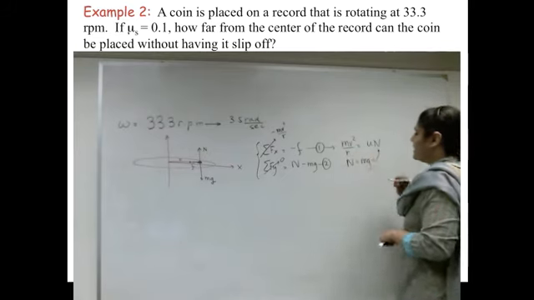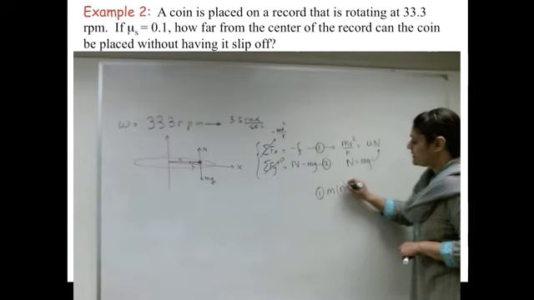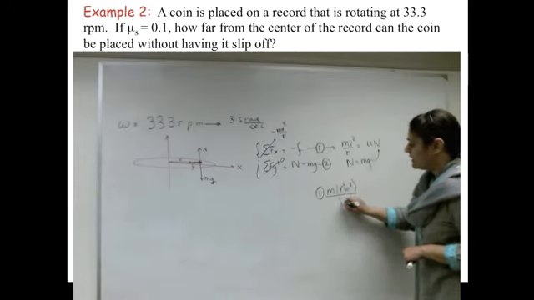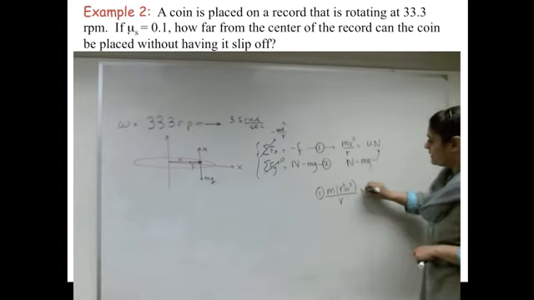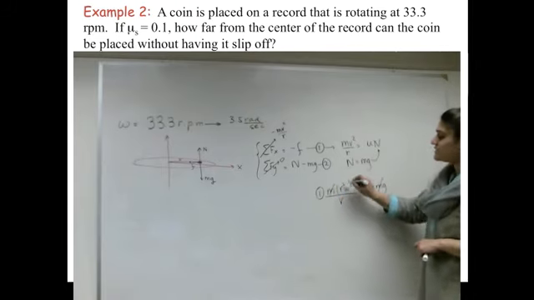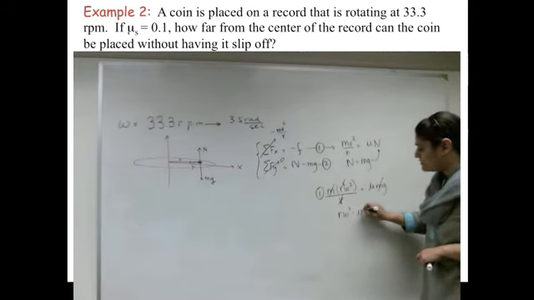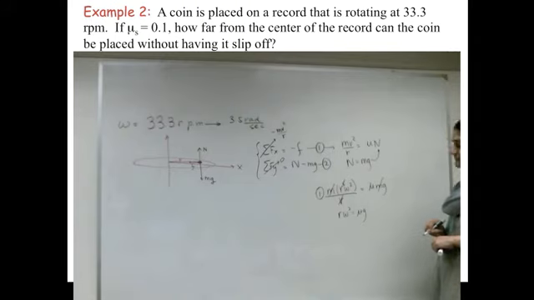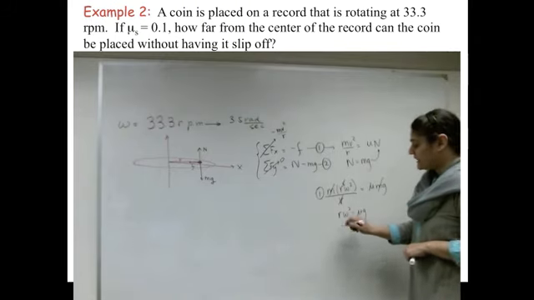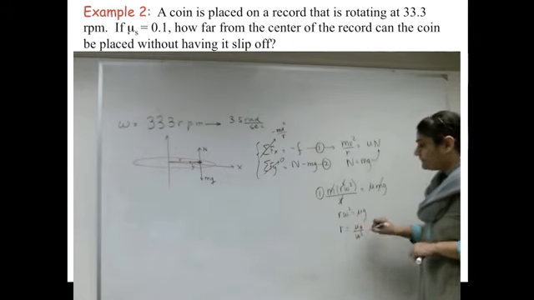That N I can plug back in here, so equation 1 now becomes m r omega squared divided by r, I'm placing the value of v in here, equals mu mg. M gets cancelled, r gets cancelled. I have r omega squared equals mu g. Okay, this means I'm looking for r, which is equal to mu g over omega squared.